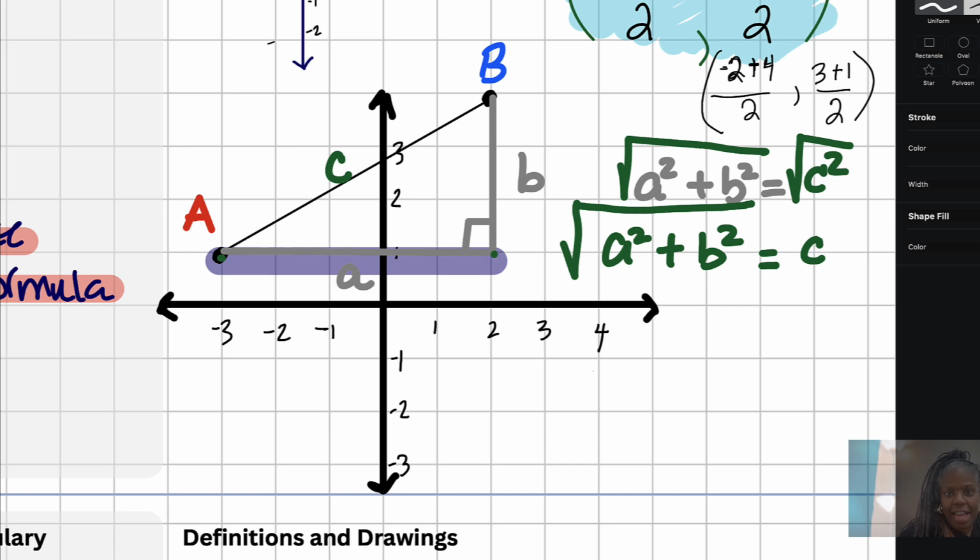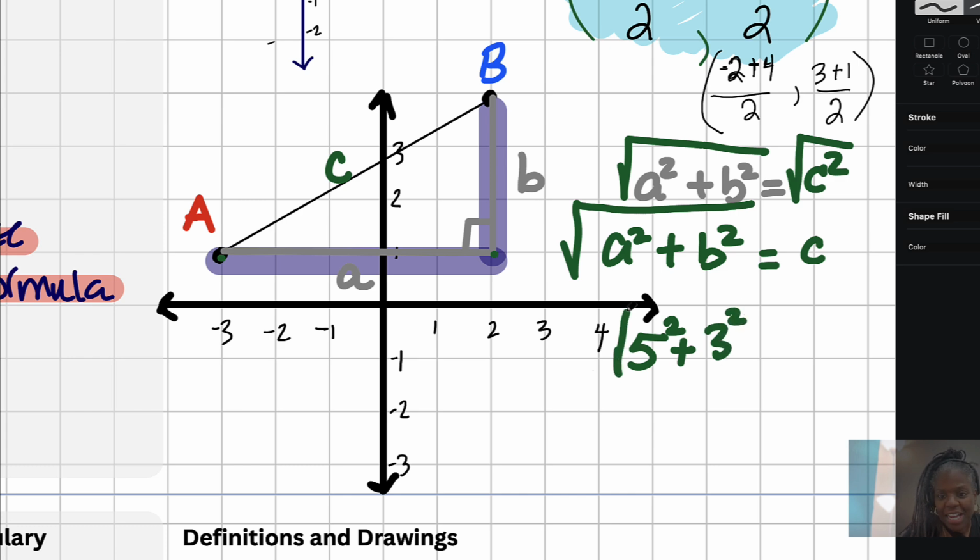In this case, A would equal 5, and so 5 squared is what I'd be doing there. Then I'd have to figure out what B is. B would equal 1, 2, 3. So the length of B is 3, so I put 3 squared here. When I take the square root of that, I'm going to get the length of C.